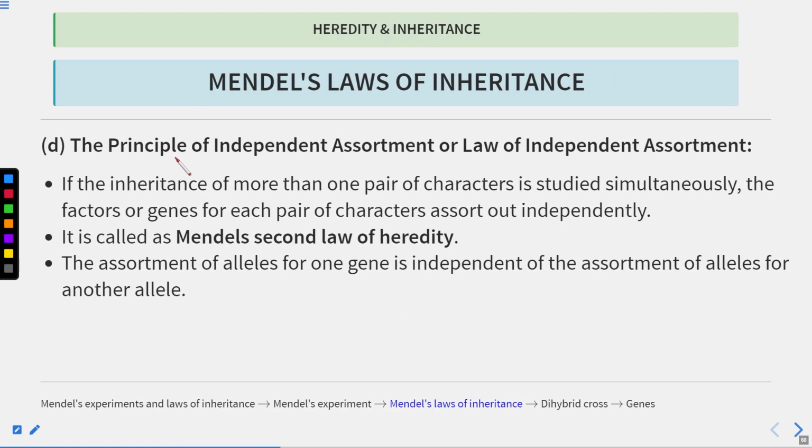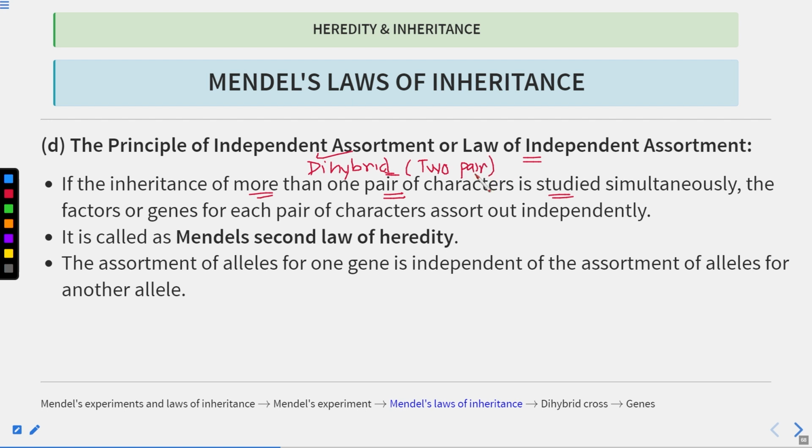Now let's talk about the law of independent assortment, also known as the principle of independent assortment. If the inheritance of more than one pair of characters is studied simultaneously, more than one character means we are talking about a dihybrid cross, suppose. In a dihybrid cross, we study the inheritance pattern of two pairs of contrasting characters.